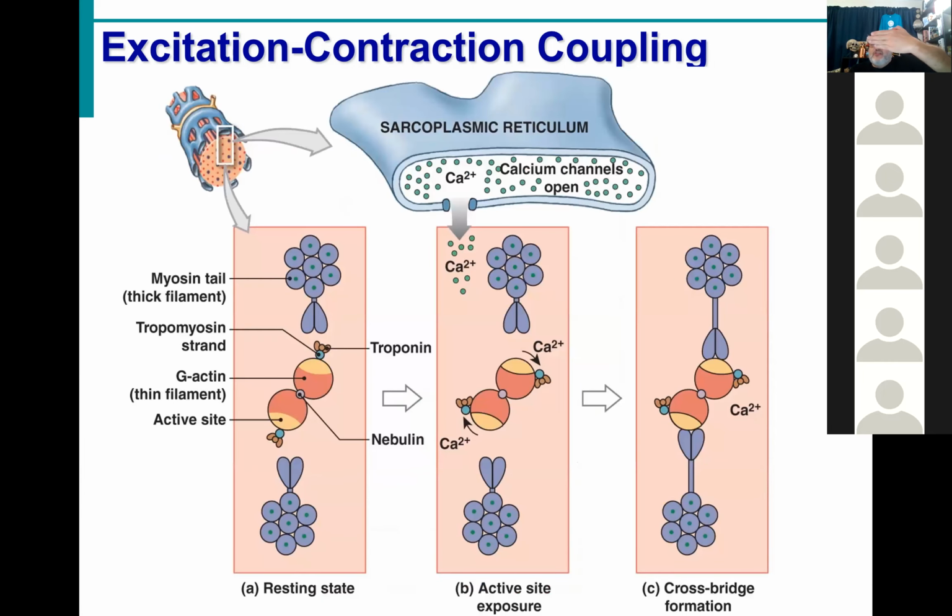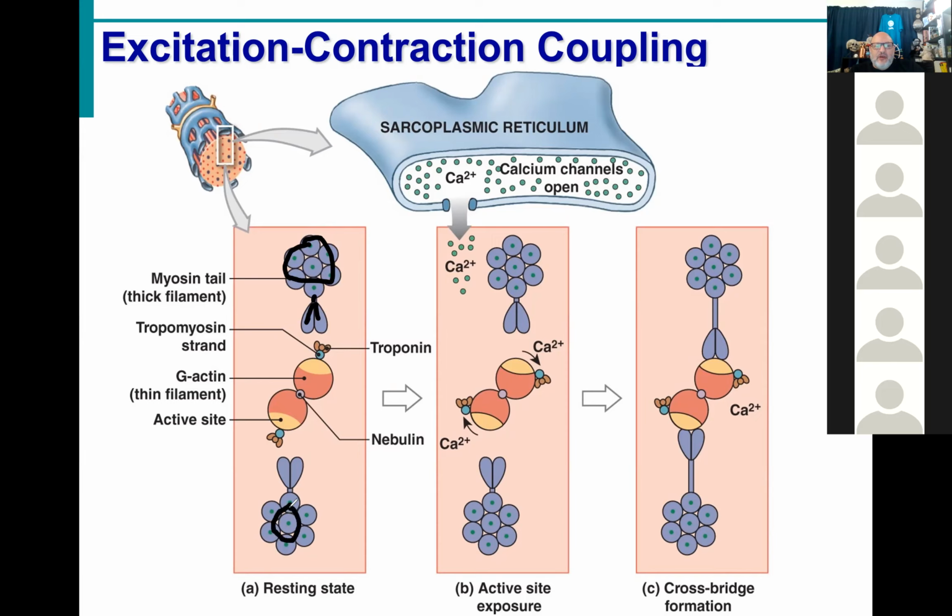Notice for all of these, we've been looking at this in a longitudinal view. What I love about this picture is they're showing it to us in a cross section. So notice here, we have our big, thick myosin filament and one of its myosin heads. Remember, it's a dimer.